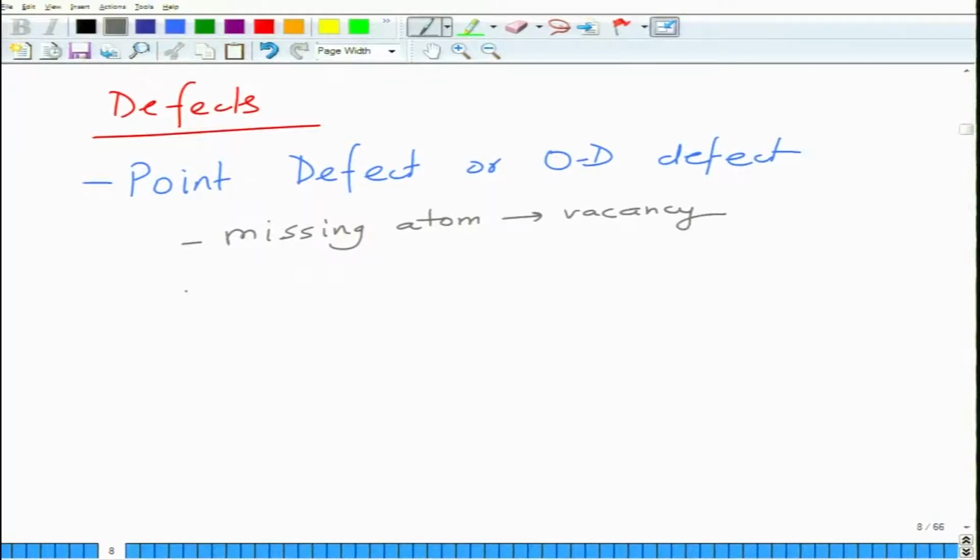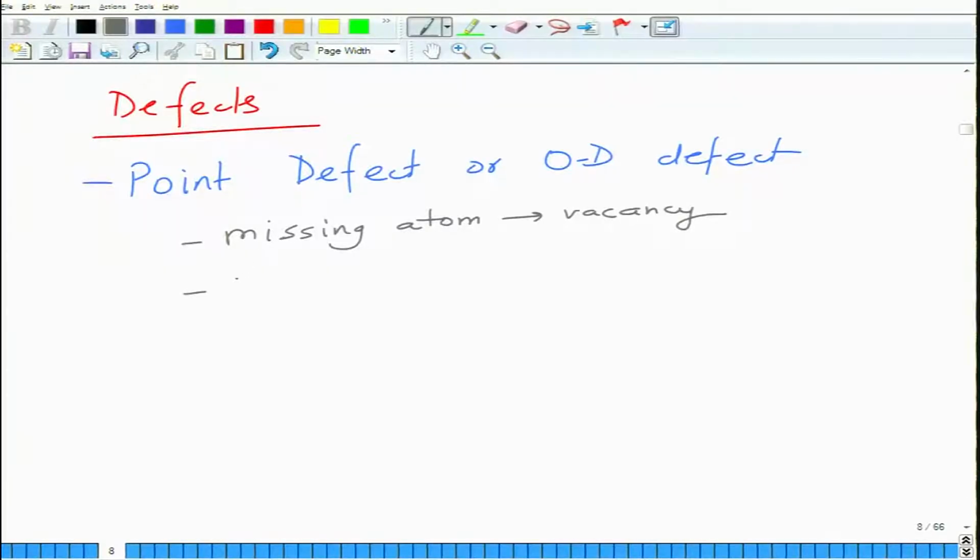vacancy. So, we are mostly going to talk in terms of metals, but the same could be true about ceramics as well, but making sure the ceramic is electrically neutral. Okay. So, you have a missing atom and then you can have an interstitial atom and you can have a substitutional atom.